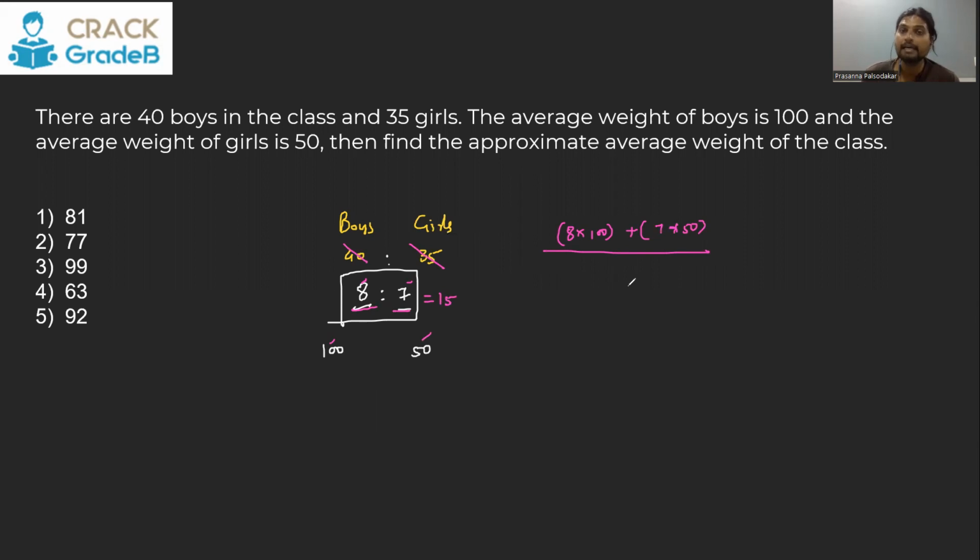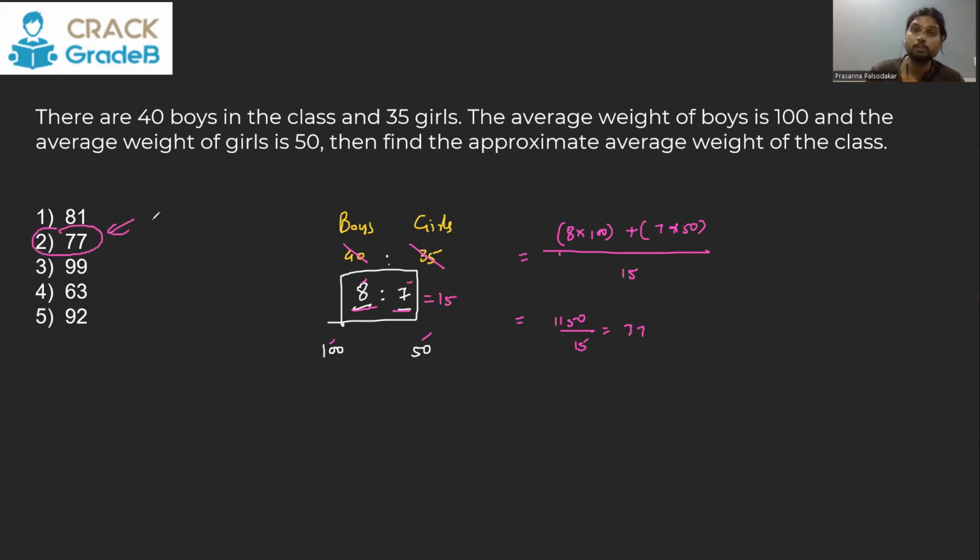So total people in the class will be 15. So 800 plus 350, that is 1150 divided by 15. Try solving it. It is going to be 77 approximately.